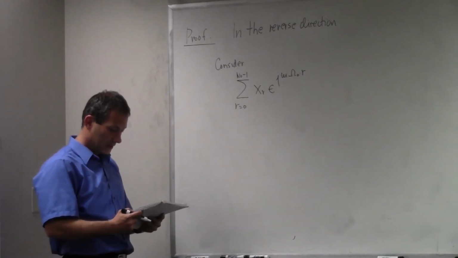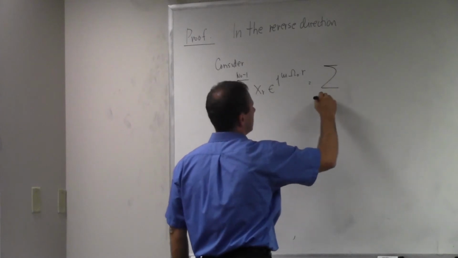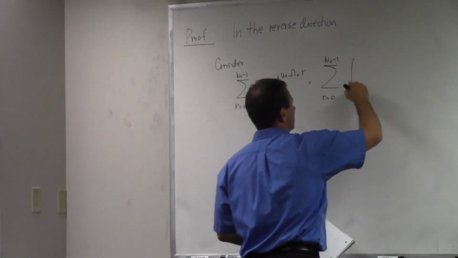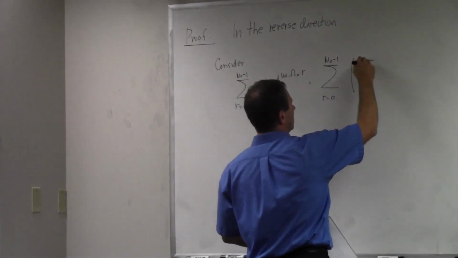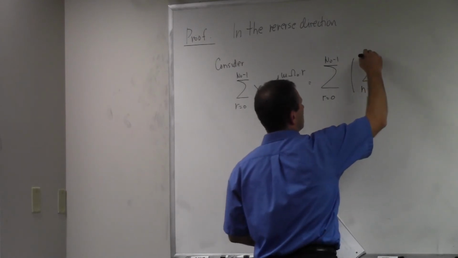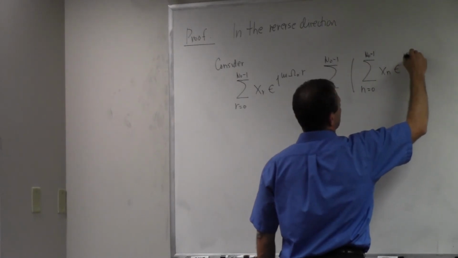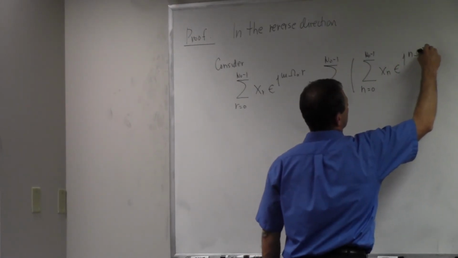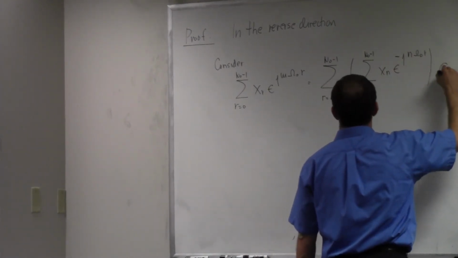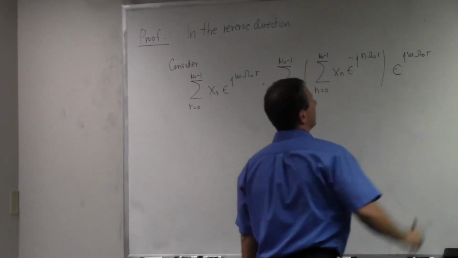So this is equal to the sum when r goes from 0 to n0 minus 1, and instead of this x[r], I can write what I proved a little bit earlier: the sum n equals 0 to n0 minus 1, x[n] e to the j n omega 0 r, and then I have e to the minus j m omega 0 r.